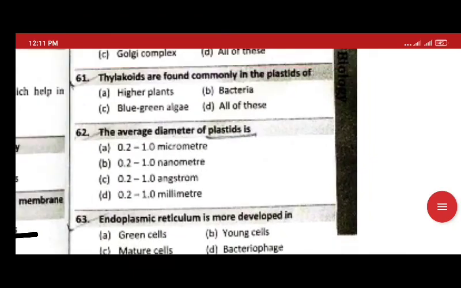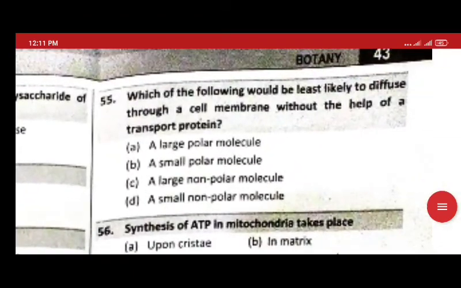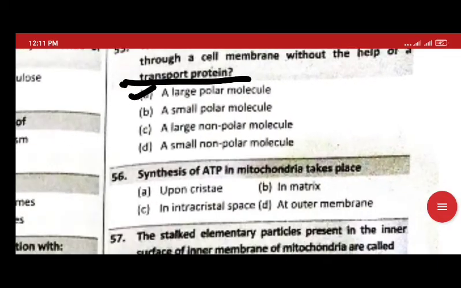Now 55, which of the following would have the least ability to diffuse through the cell membrane without the help of a transport protein? Without transport protein, we have polar molecules.